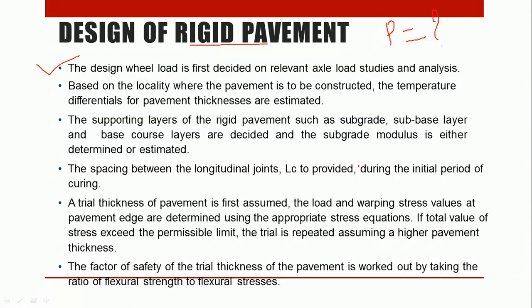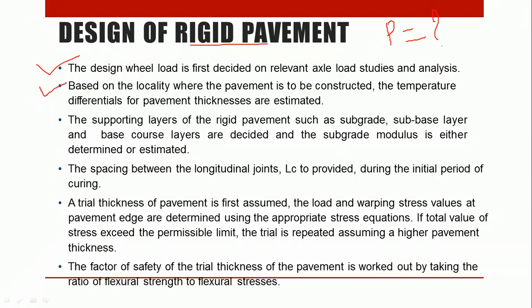So based on the locality where we are constructing the pavement, the temperature difference and variation are estimated in order to decide the thickness of the pavement. That is the second step: where we are constructing the pavement and what the temperature variation is, and according to that we decide the thickness of the pavement.